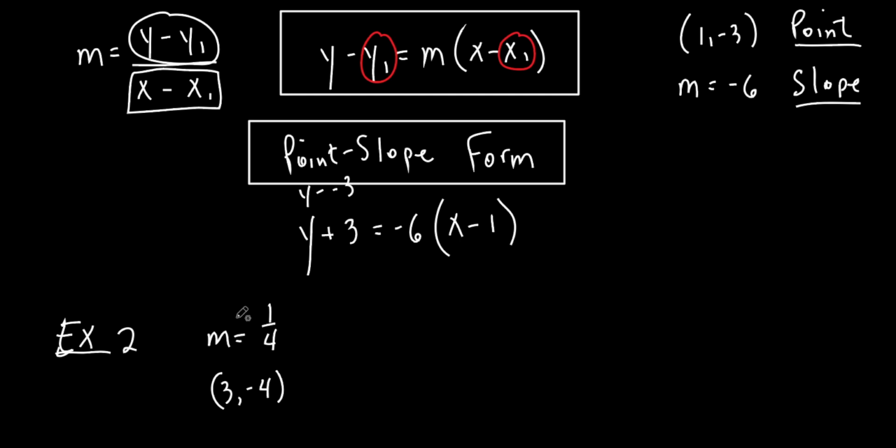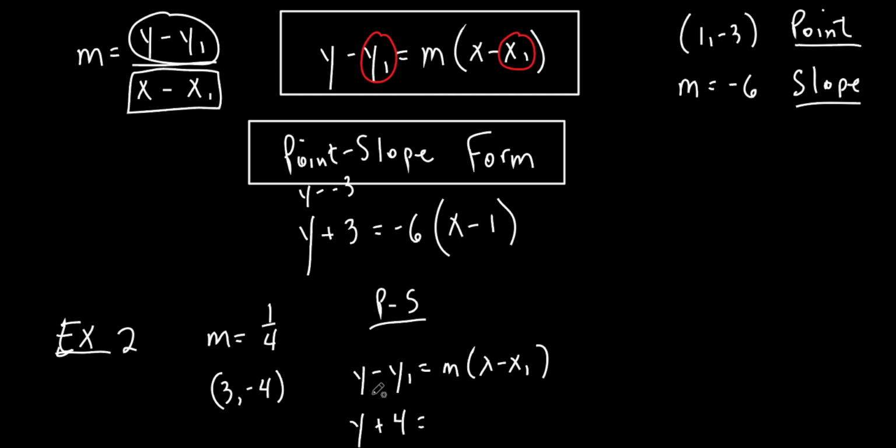And they want you to write both, the point-slope form and the slope-intercept form. So let's do the point-slope first. So what is it? It's y minus y1 equals m times x minus x1. And you just plug them in. So it's y minus -4, which is a +4, equals m, which is 1/4, times x minus 3.